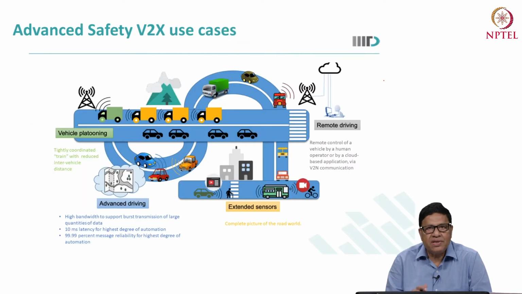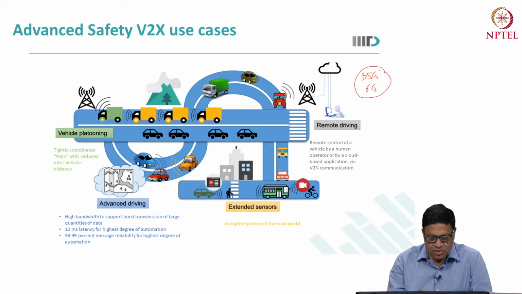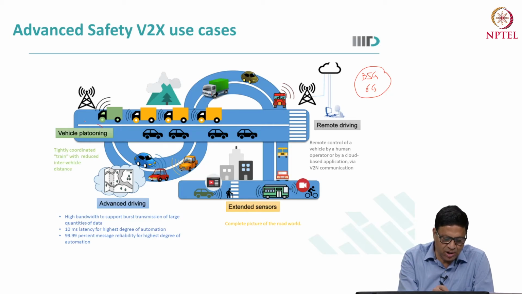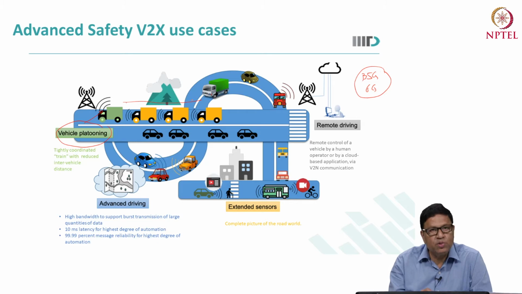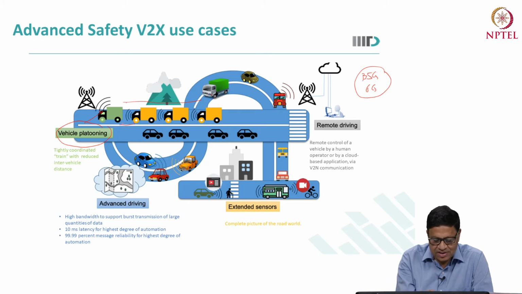There are now advanced services which are actually part of 5G, beyond 5G and 6G applications, where some more applications are covered under intelligent transport system. One of them is vehicle platooning, where you have a tightly coordinated train with reduced inter-vehicle distance.